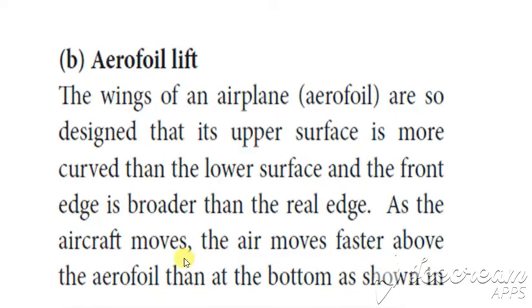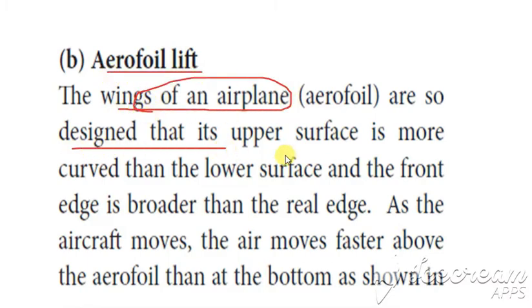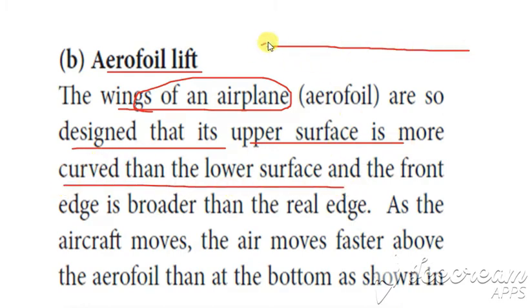Then next is airfoil lift. What is meant by airfoil is the wings of the airplane. It is designed in such a way that the upper surface is more curved than the lower surface. When you see the wings of the airplane, we can see that the upper surface is more curved than the lower surface.